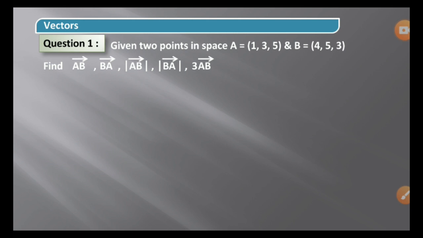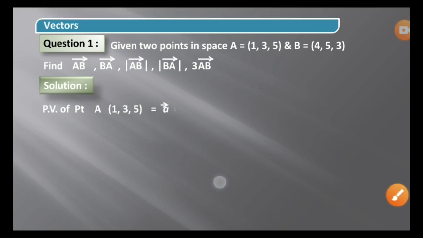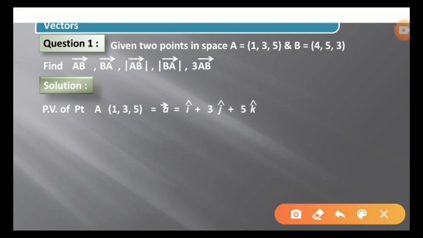Now go for the solution. First we have to find the position vector of the point A, by using the coordinates 1, 3, 5. Therefore, the position vector of A can be written as small a vector, which is equal to i plus 3j plus 5k.